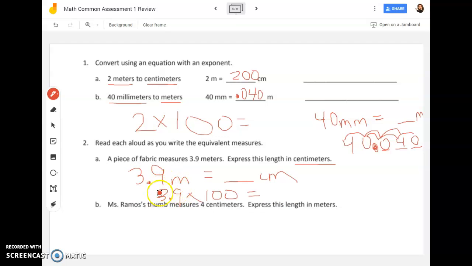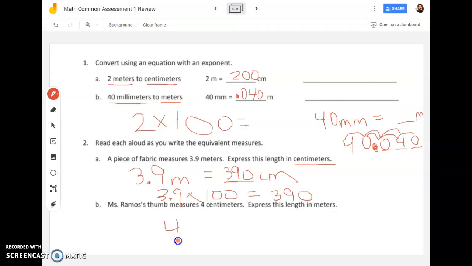So I would take my 9 and move it over to the tens place. My 3 would go to the hundreds place. And then I fill in my empty space with a 0. So if I have 3.9 meters, I have 390 centimeters.